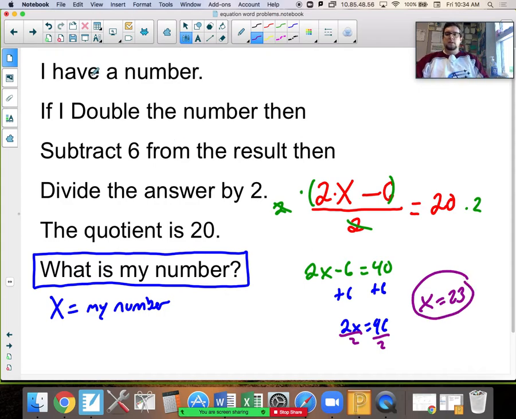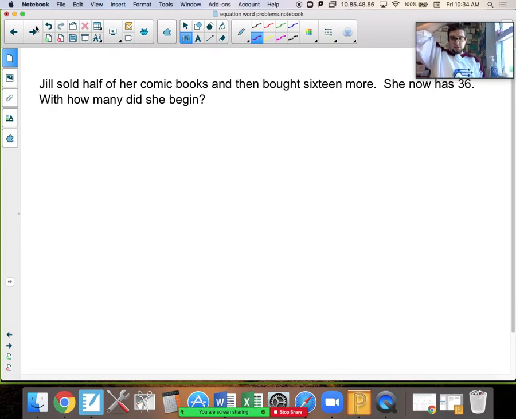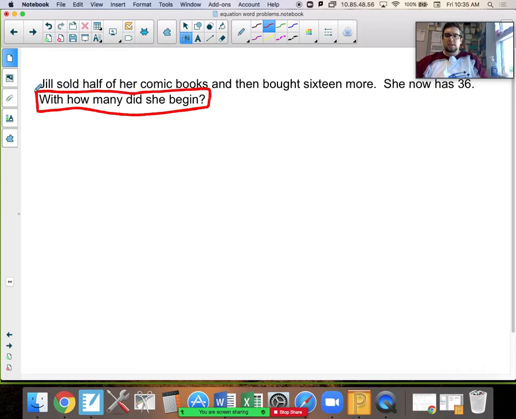All right. Next one, Jill sold half of her comic books, then bought 16 more. She now has 36. So let's define our variable. With how many did she begin? It's a weird way to say it, but basically it's asking how many comic books did she start with? So X is going to represent the number of comic books to start.